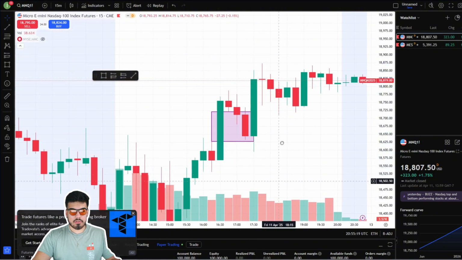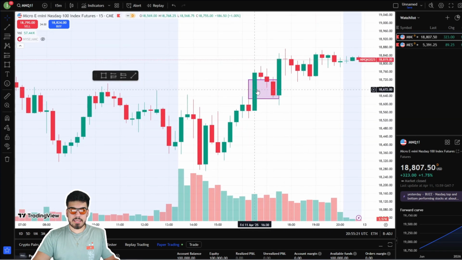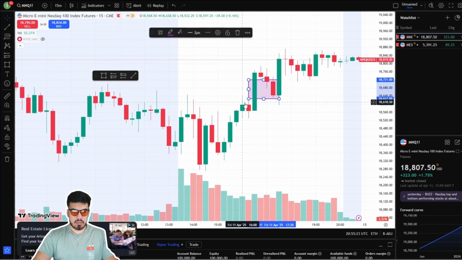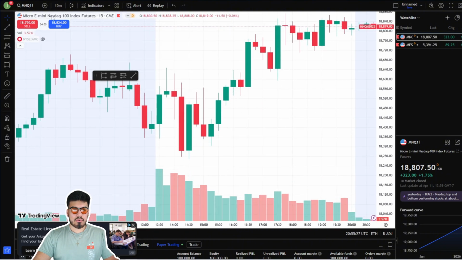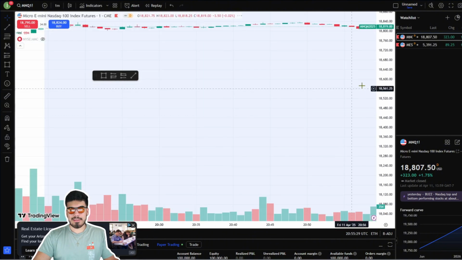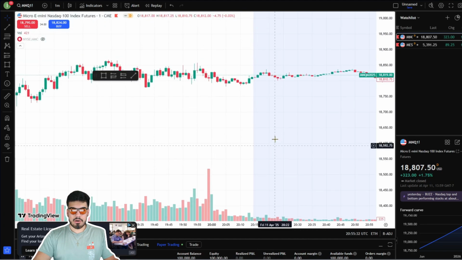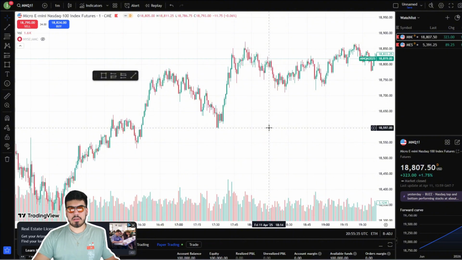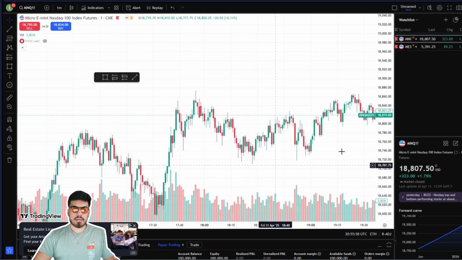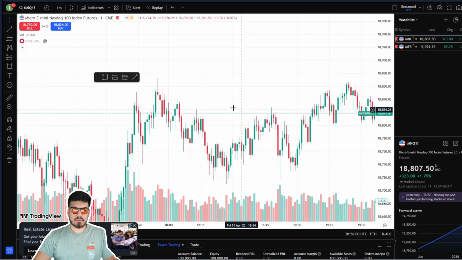Now let's say that doesn't happen. Let's say that fair value gap keeps going lower and lower and lower. Well, for that scenario, what happens when it goes reverse? Okay, here's an example of the inverse fair value gap.